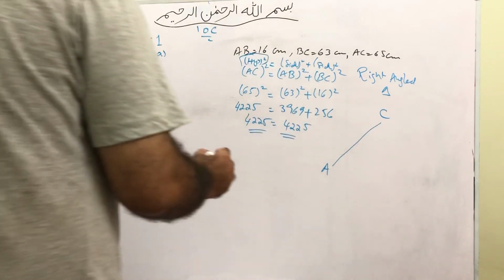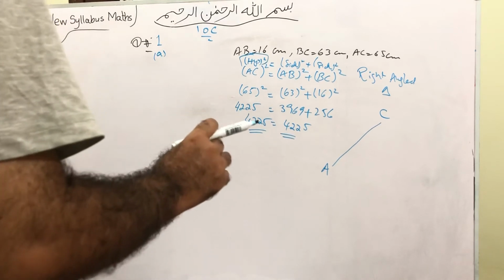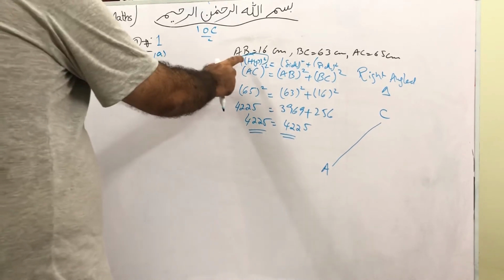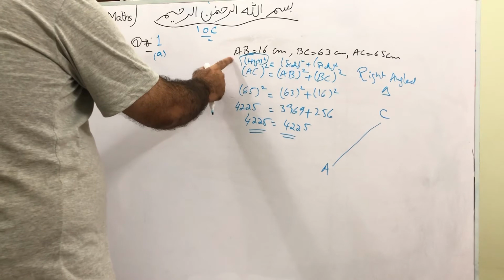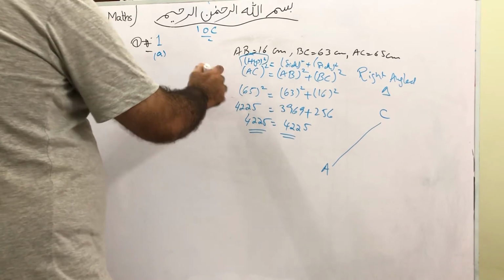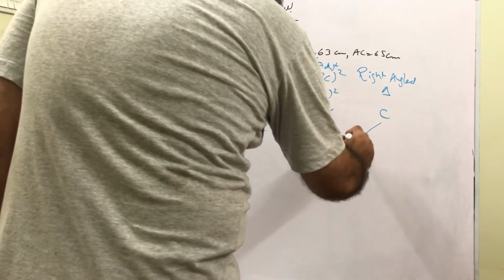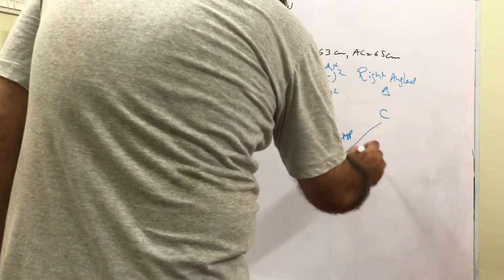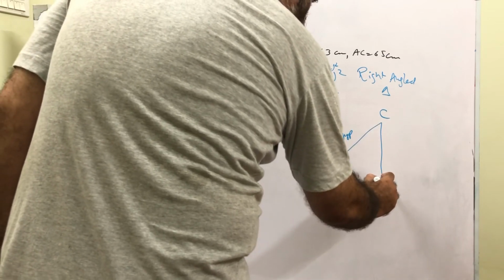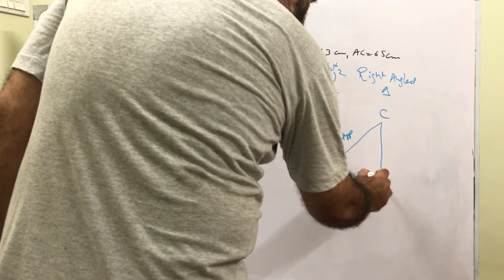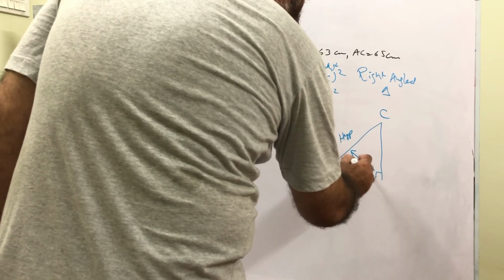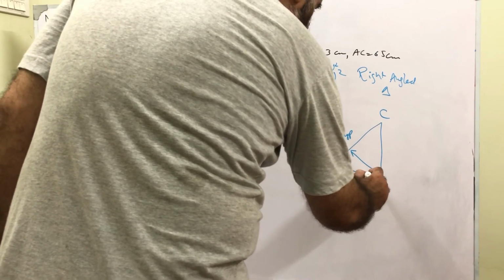And we know that the hypotenuse is always opposite to the right angle. So somewhere there will be a right angle and then the hypotenuse. So we will be doing it like this.